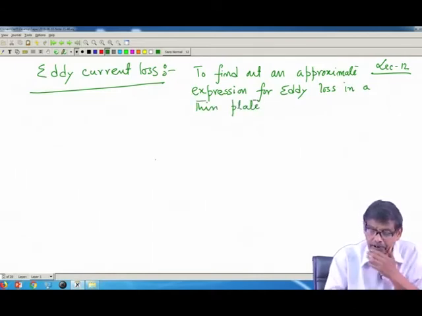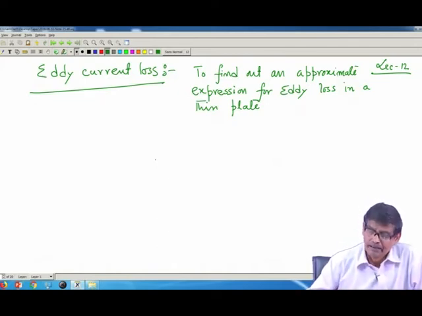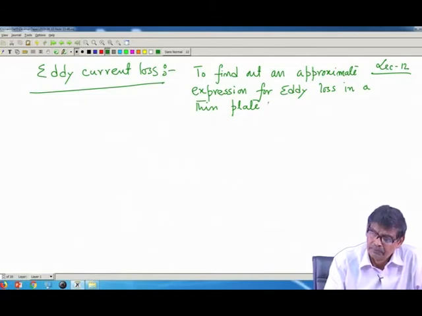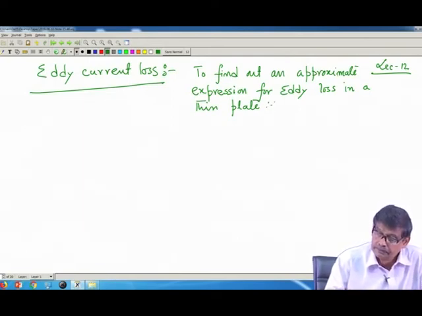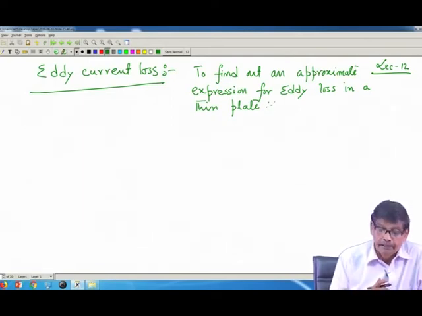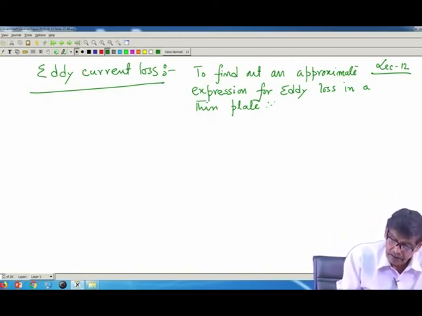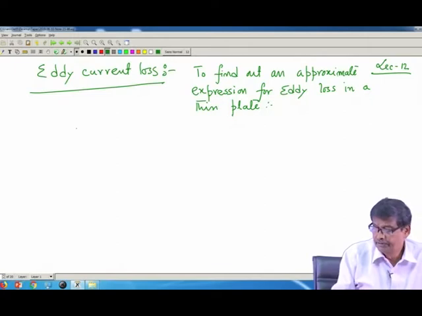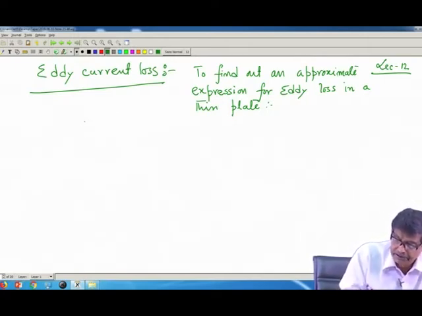So, if in one plate I can find it out, for all other plates it will be the same. This is the thing I am trying to get. To do this, what will we be doing? We have to do a little bit of mathematics, but that is very simple, no field equation, nothing.